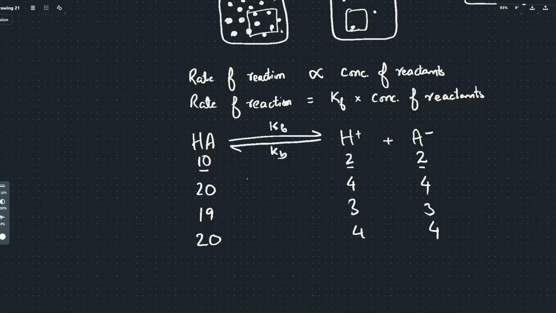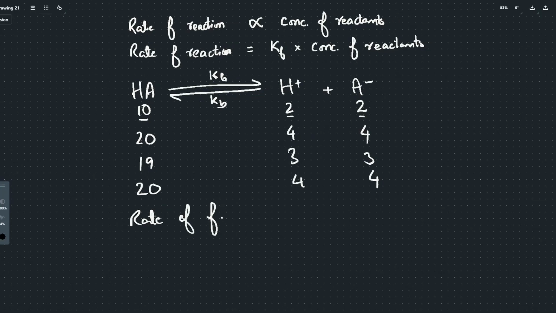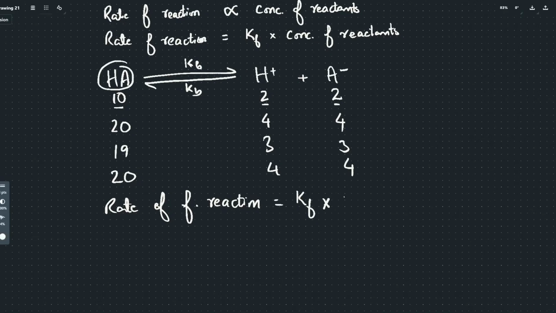Now what happens at equilibrium? Okay, first write what is the rate of forward reaction. What is the equation of rate of forward reaction? That is kf multiplied by the reactants for the forward reaction, and these are basically HA.